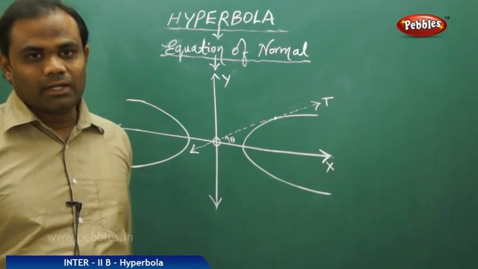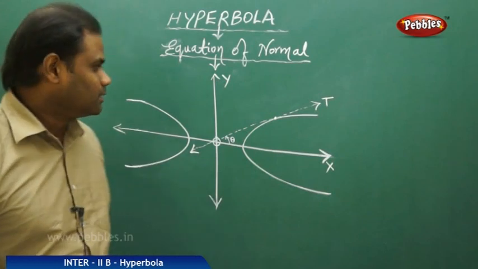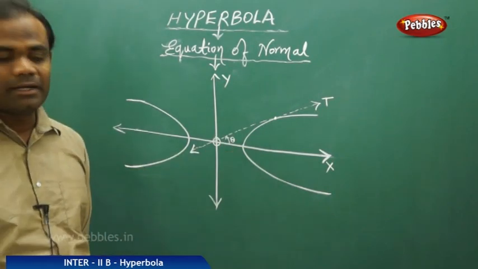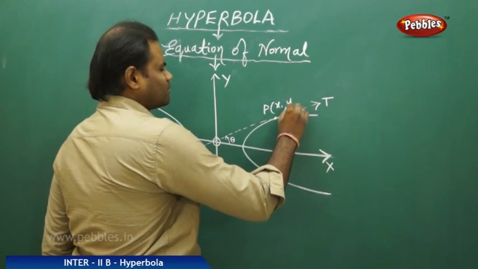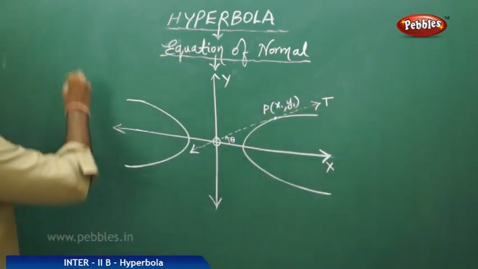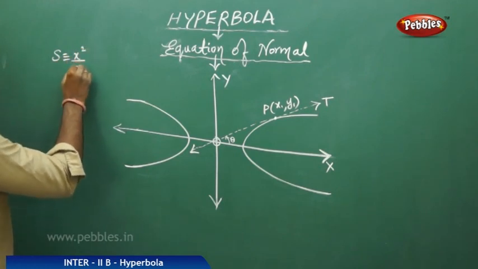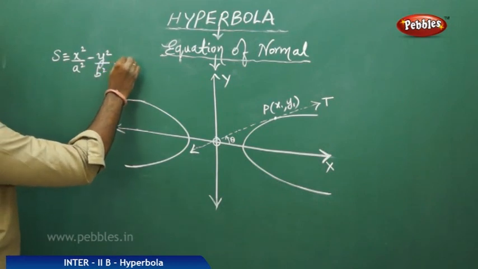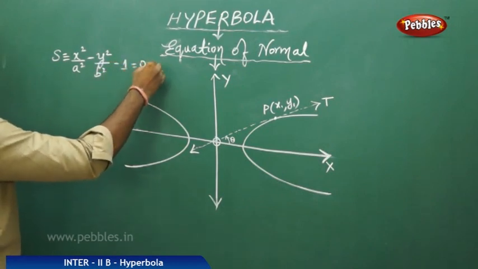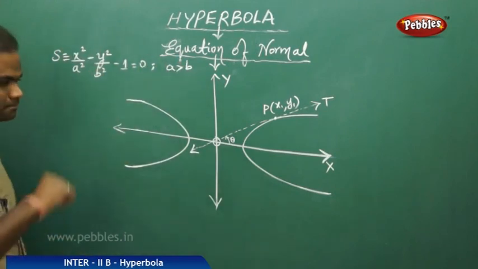Equation of normal. As we have seen the equation of tangent for the hyperbola, let's see the equation of normal at P(x1, y1) for the hyperbola S, which is given by x squared by a squared minus y squared by b squared minus 1 equal to 0 with a greater than b.